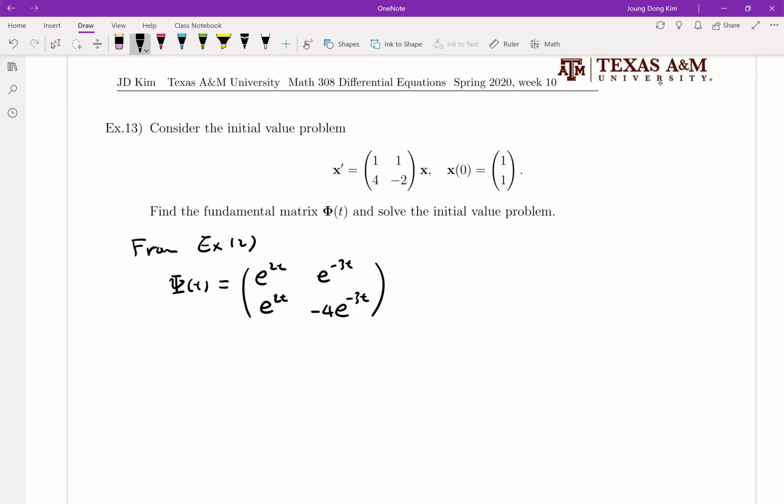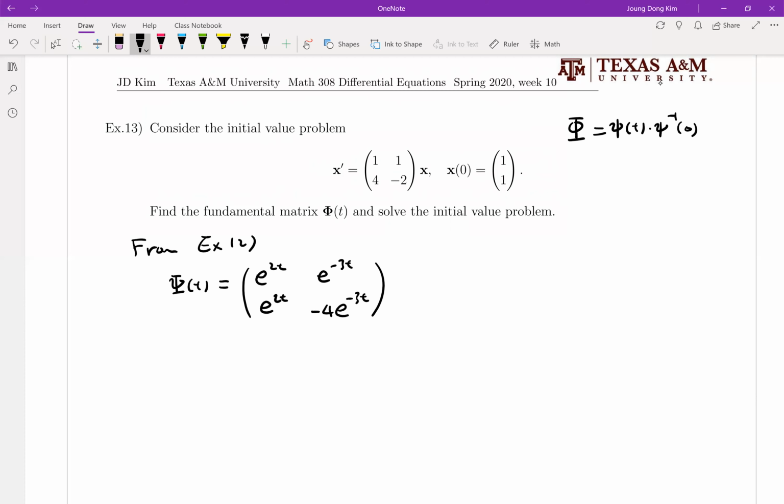Do you remember my matrix phi was psi t times psi inverse of zero? So let's do it.